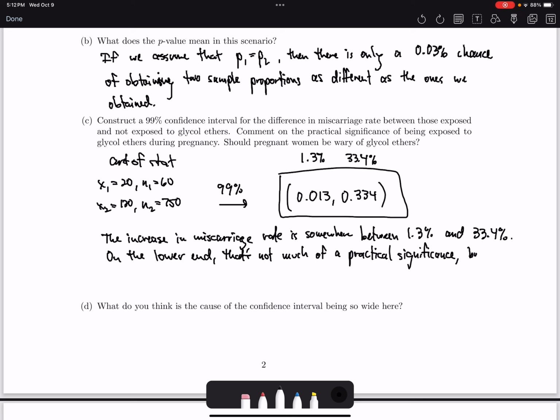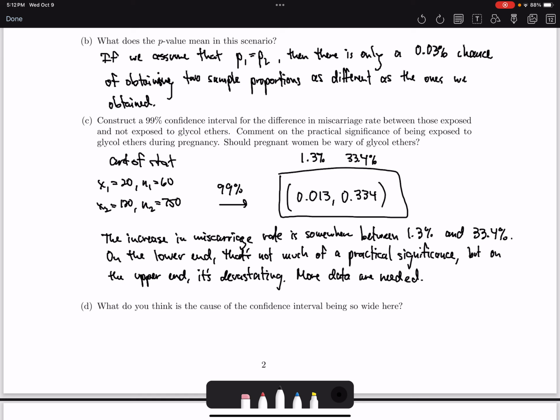But on the upper end, it's devastating. I would say more data are needed, which kind of leads to part D.